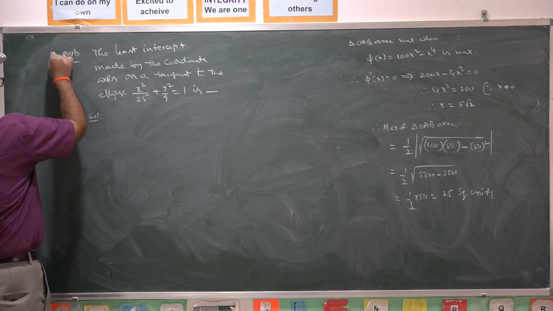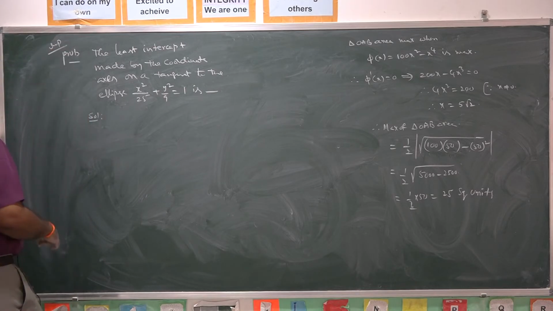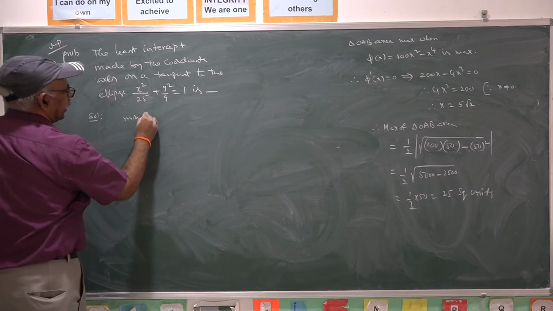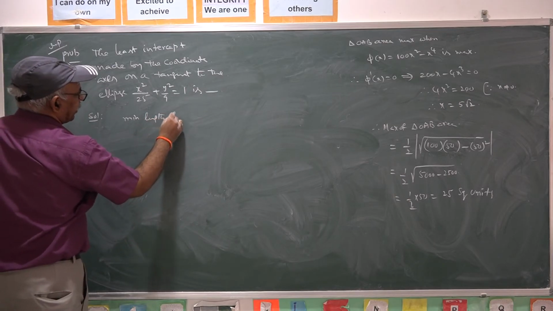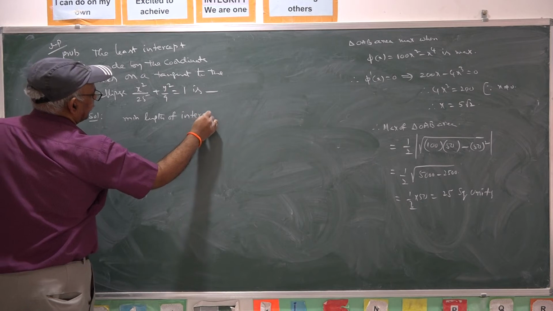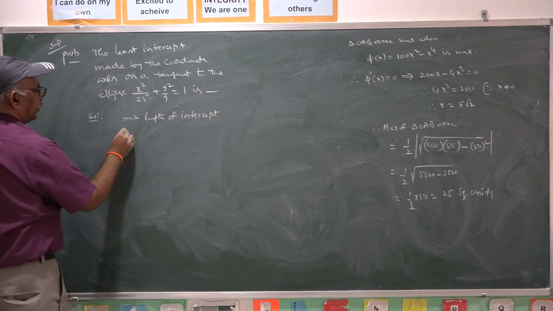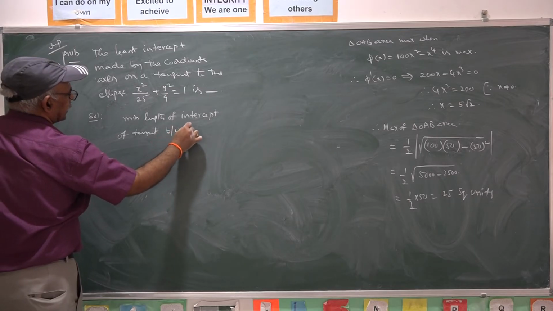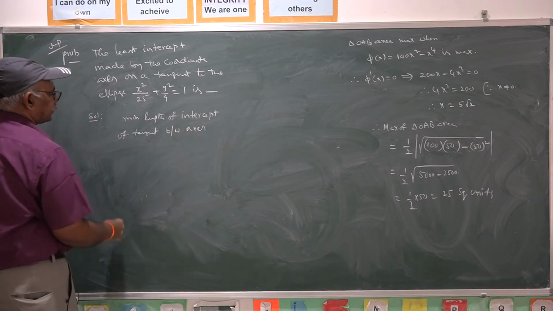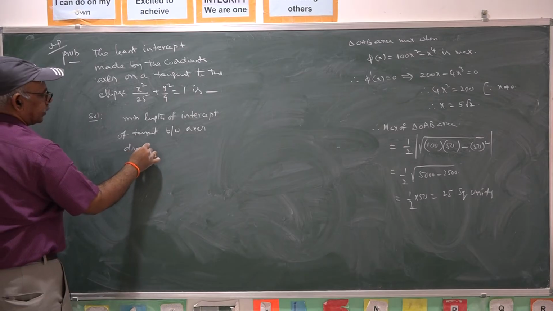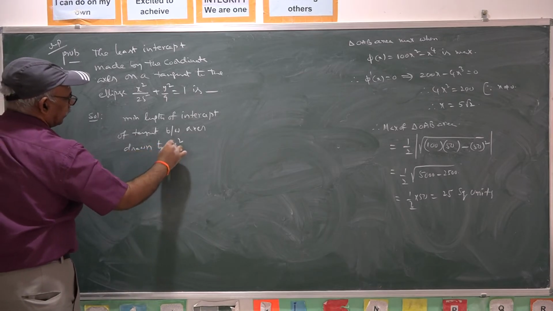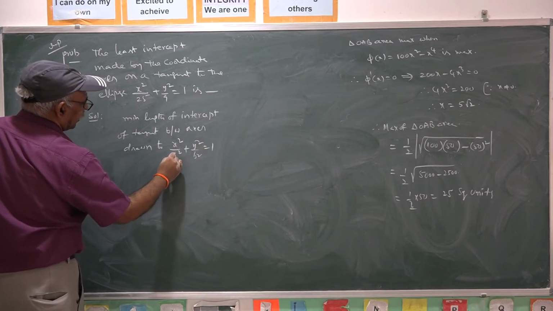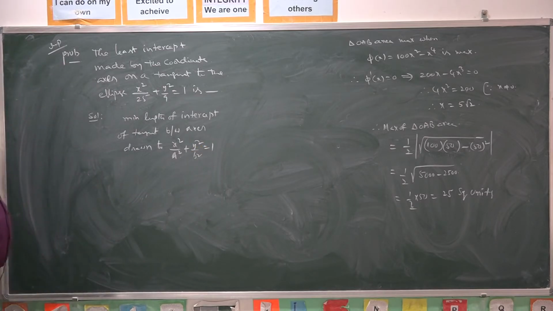Minimum length of intercept of a tangent between the coordinate axes, drawn to the ellipse, a standard ellipse. Just I am giving two standard ellipses.